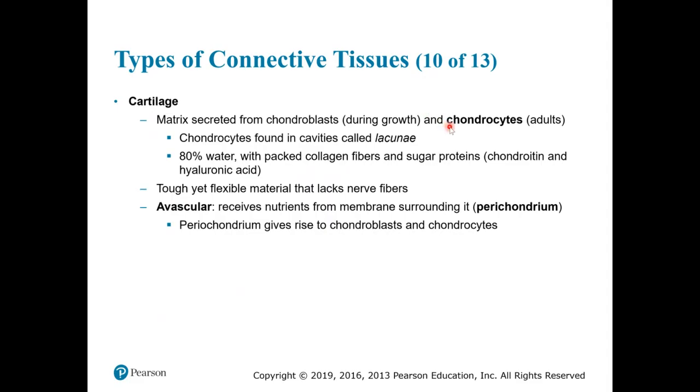Then it changes into an adult cartilage cell, a chondrocyte, a mature cartilage cell, and plays a little bit of a role in maintaining the cartilage matrix, but pretty much it's done its job. These chondrocytes are found in cavities called lacunae. Lacunae is plural; one of them is a lacuna. So in the picture I'll show you, we'll see a bunch of chondrocytes, each one in a lacuna, and there'll be many of them.